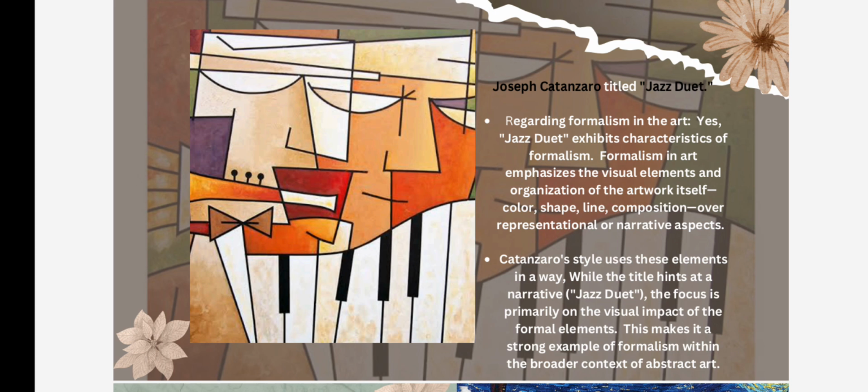It uses these elements while the title hints at the narrative. The focus is primarily on the visual impact of the formal elements, making it a strong example of formalism.